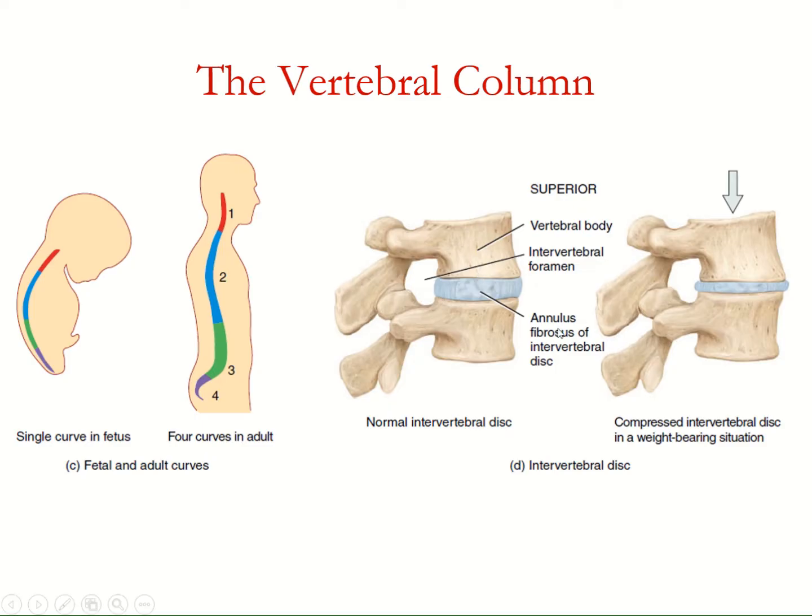So once there is an external force or pressure exerted on our vertebral column, they compensate as shock absorbers so that there won't be over pressure or trauma to our spine.